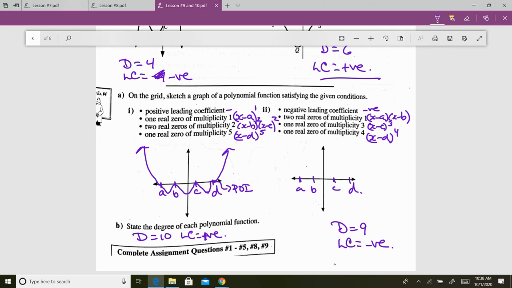So you go to the left, you start up, you come down. What happens at A? Goes through, it turns around. What happens at B? What happens at C? POI, boy. It's a point of inflection. And what happens at D? Bounces. And again, if you're unsure, just say, hey, that's a POI.